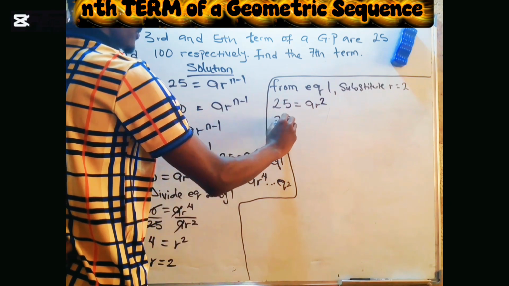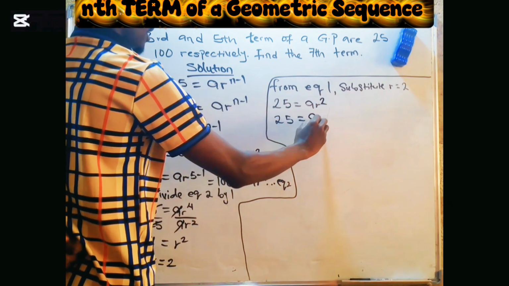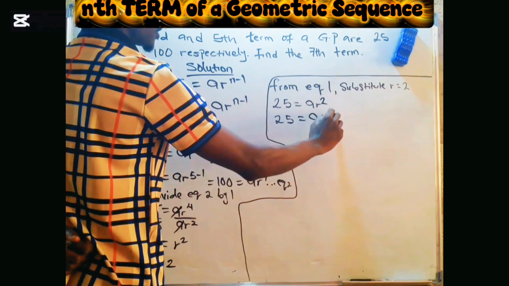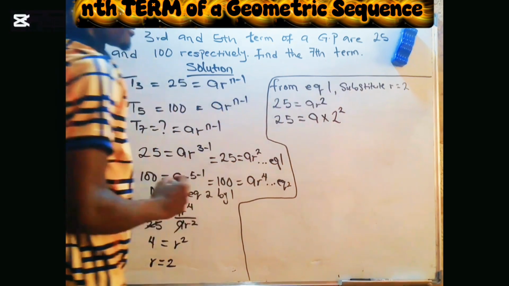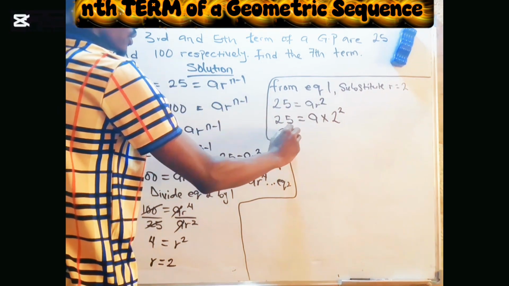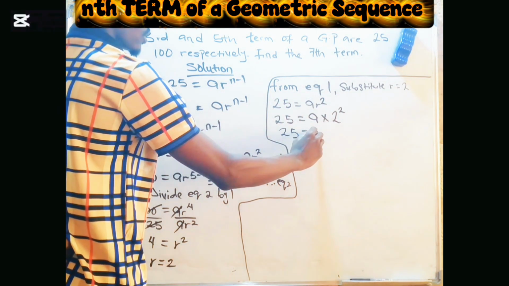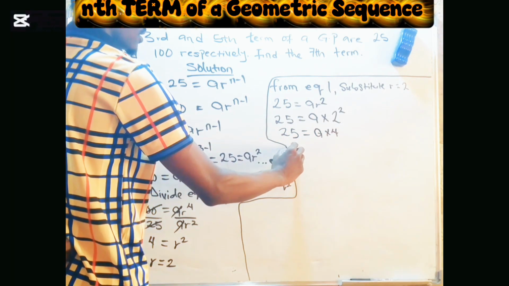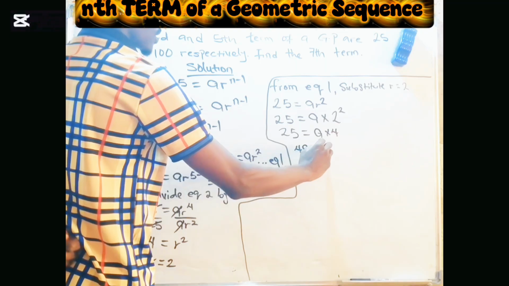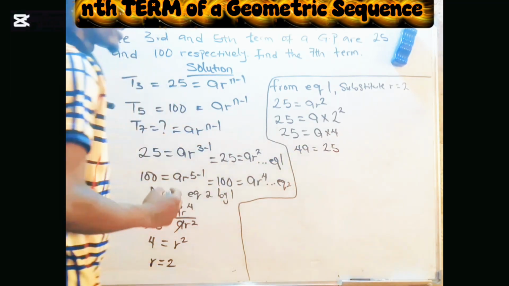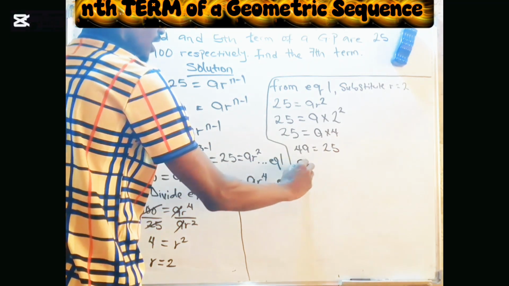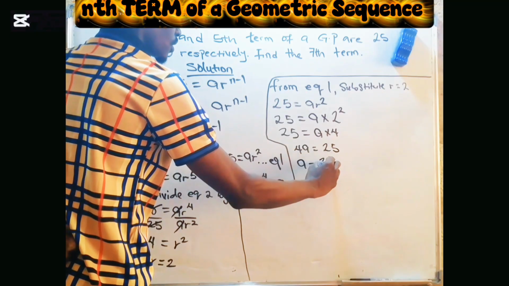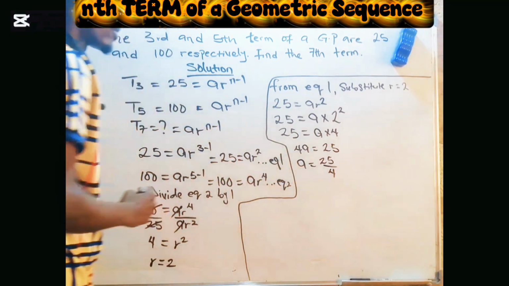So 25 will be A times 2 squared. So 25 will be equal to A times 4. 4A is equal to 25. That means A is equal to 25 over 4.